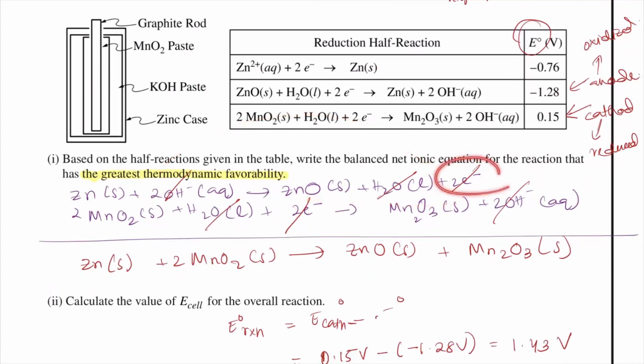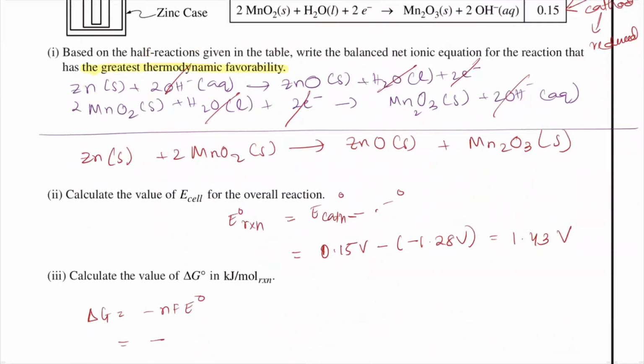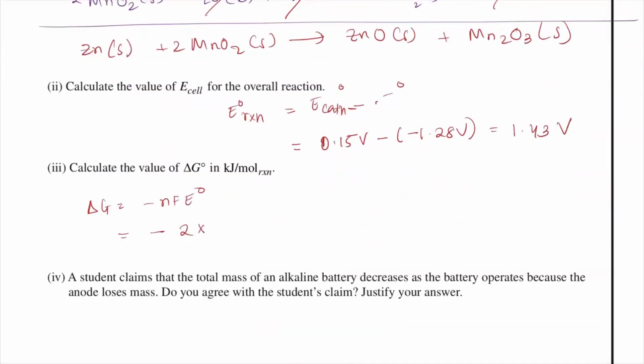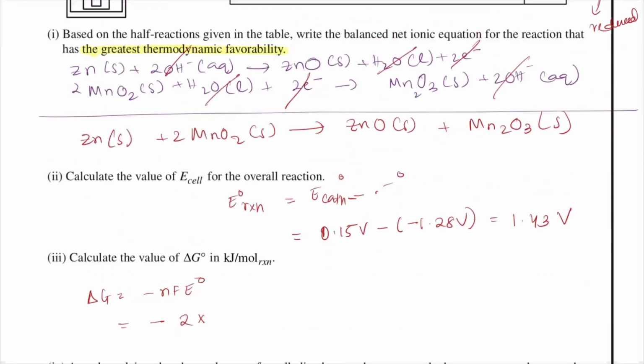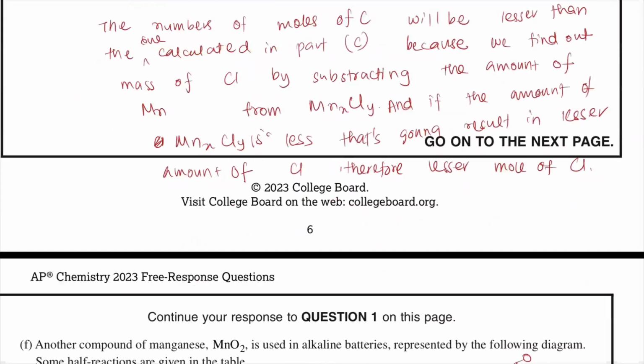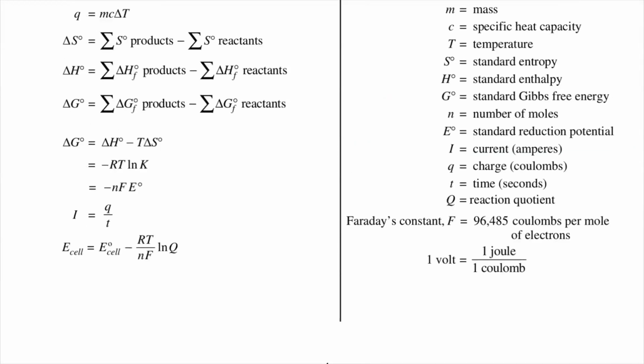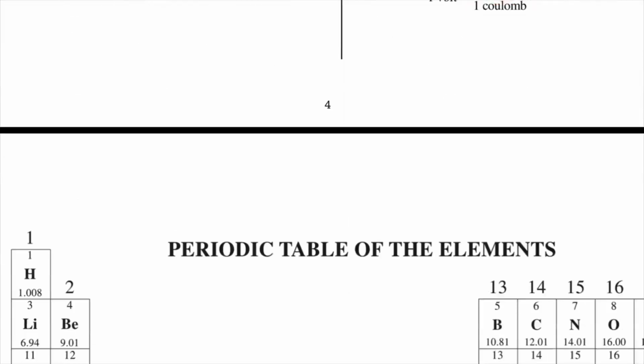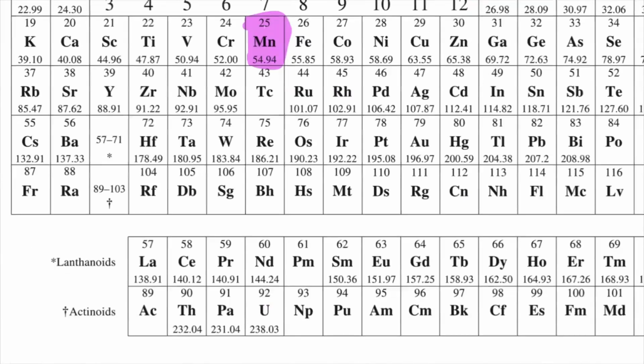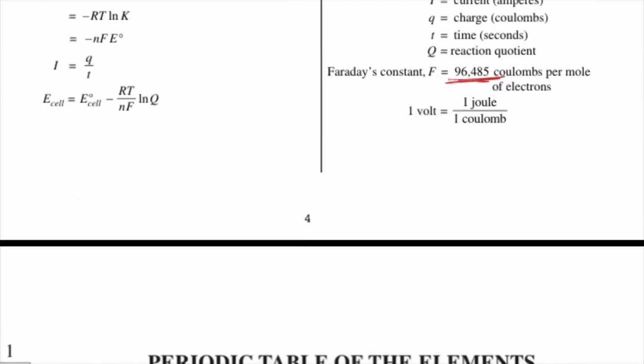So we take 2 times the Faraday constant, which is 96,485 coulombs per mole.